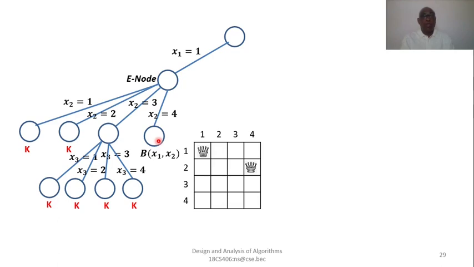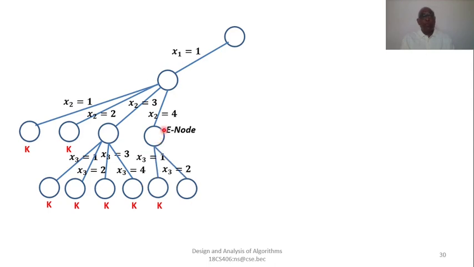This shows the board configuration and how the partial solution represented by the node satisfies the bounding function. Because this is the E node, we try to create the children of this E node, which is at level 3, by choosing all possible values of x3. However, x3 equal to 1 does not satisfy the bounding function. By this time, you should be well aware why the bounding function is not satisfied by this node, and hence this node is killed.